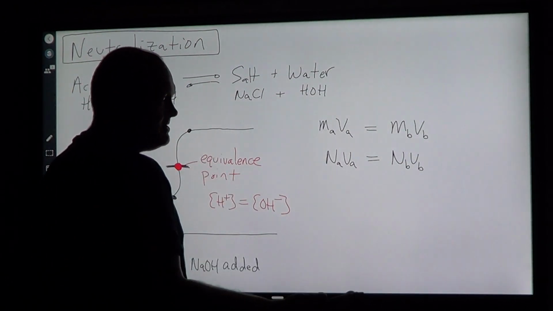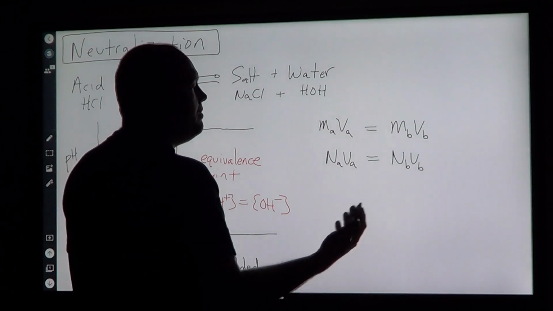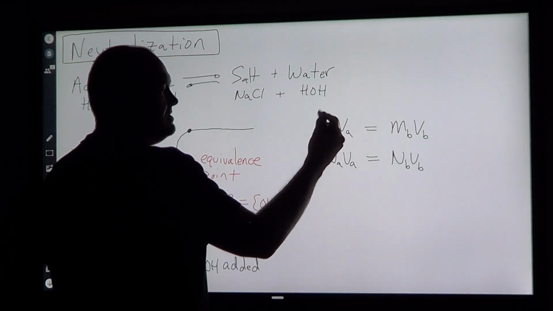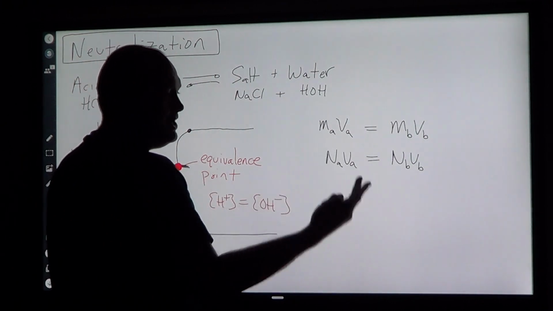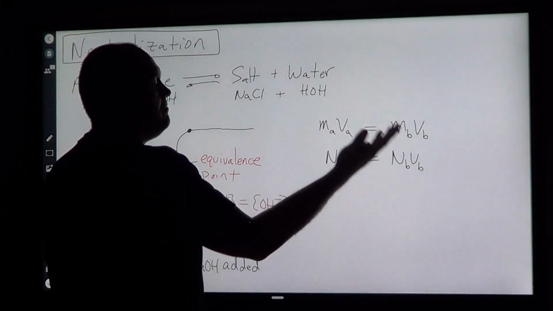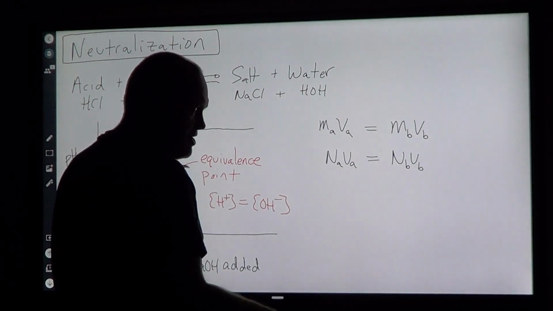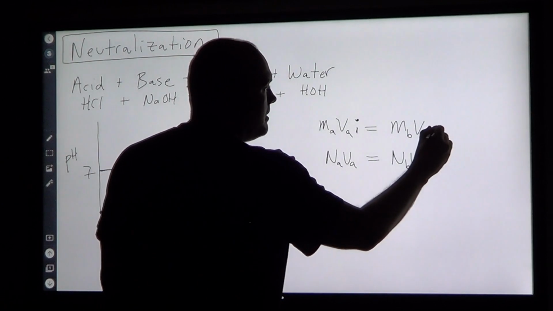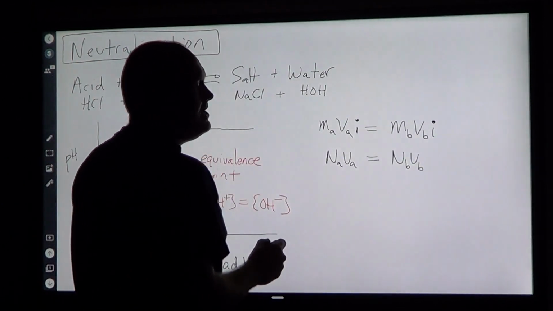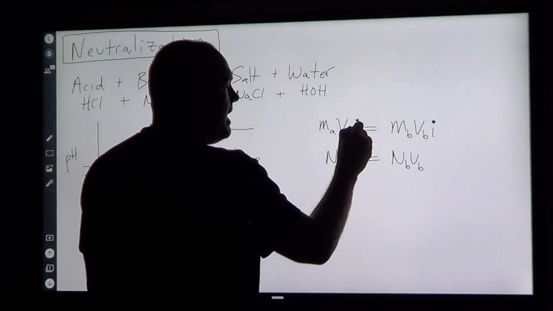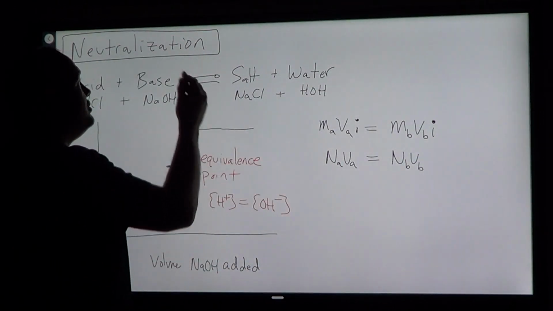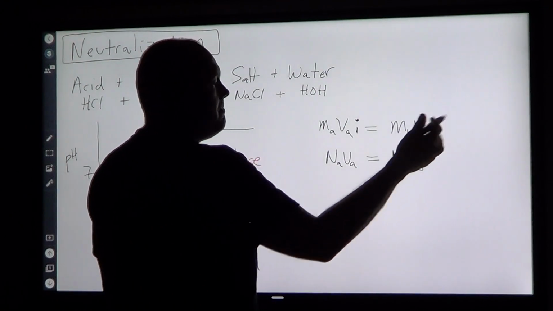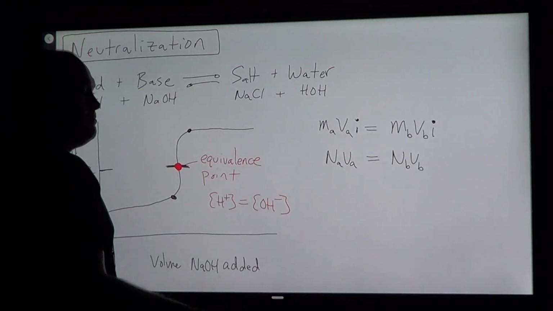Your book does not. It just expects you to remember that if your acid was diprotic, you have to multiply by 2. If it's triprotic, you have to multiply the molarity by 3. Same thing on the base side. Some books will add a little i to remind you that you have to multiply by however many hydrogens the acid splits into, and multiply the base by how many hydroxides it splits into.